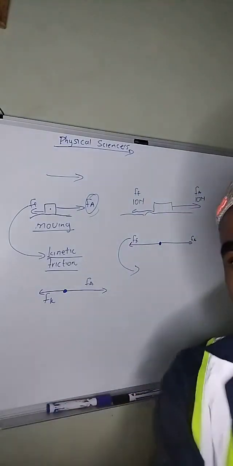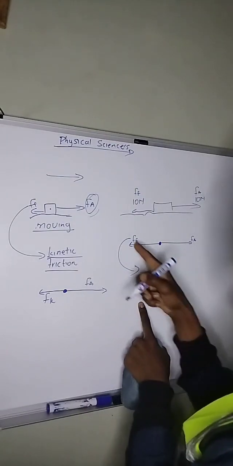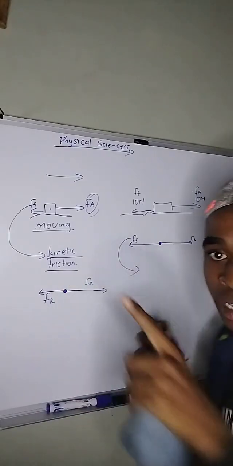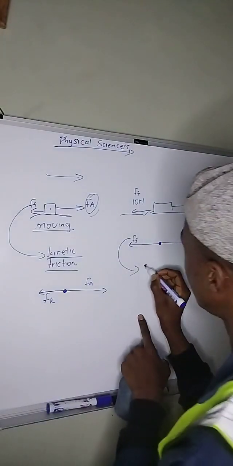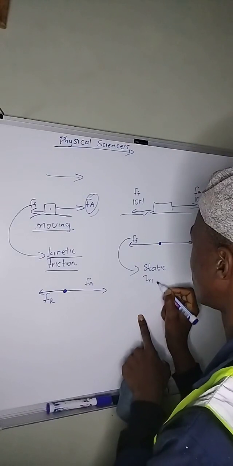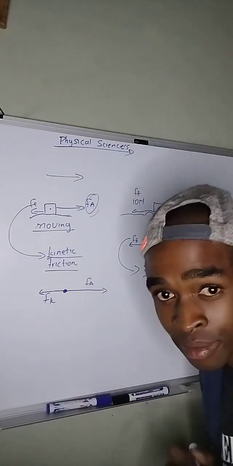So let's go back to this one. This one is going to be Fa. So now here it's no longer going to be the kinetic one, right? So here is going to be static friction. Do you see the difference?